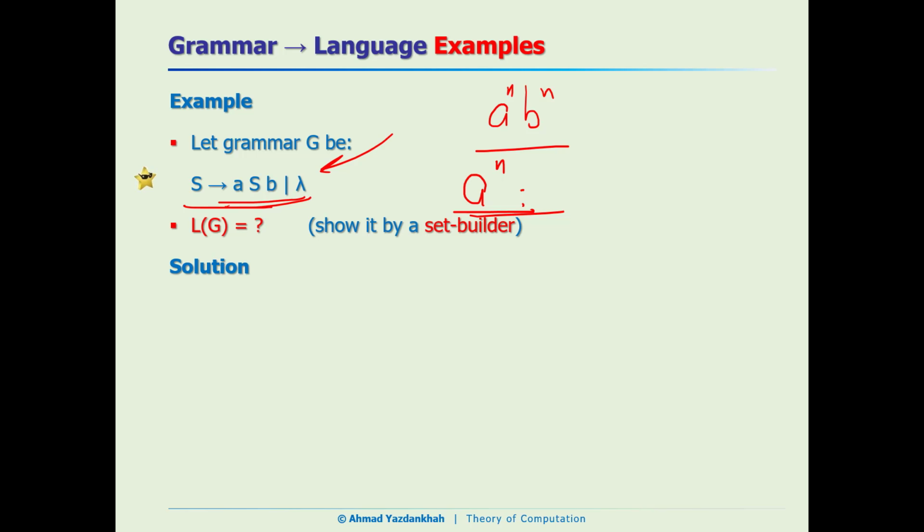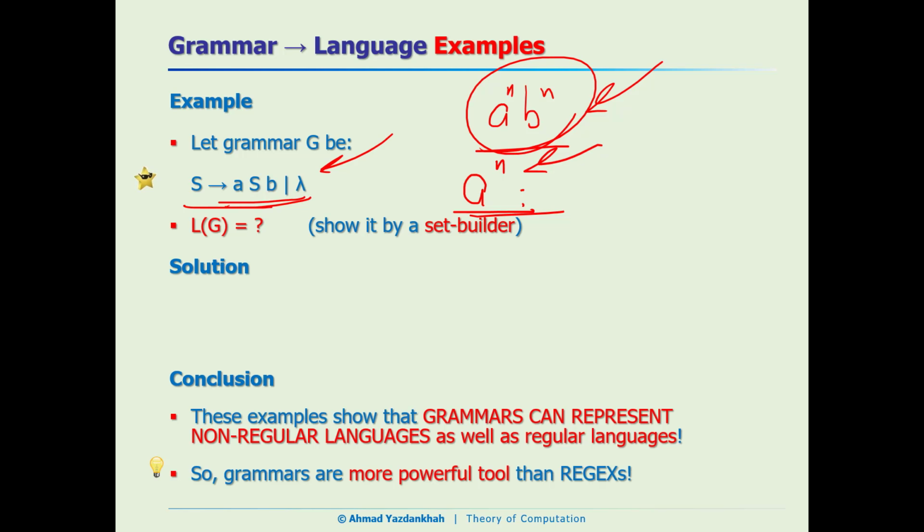So can I conclude that grammars can represent regular languages like this, but also non-regular languages as well? So far we can conclude that grammars are a more powerful tool than regexes, because regexes could only represent regular languages. Very cool conclusion so far.